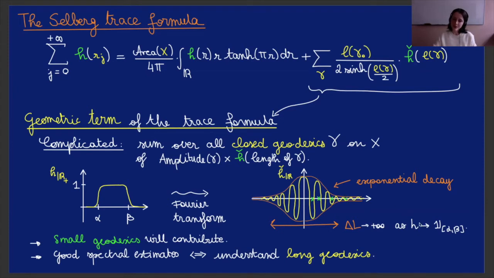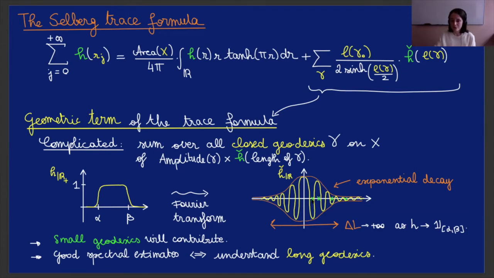So if I want to take H which gets closer to the indicator function, the size of this envelope, the typical width of the support of H hat, is going to spread. So that's going to be a limiting factor. In order to have precise estimates on the first two terms, I need to make H irregular. And this is going to cause H hat to spread.